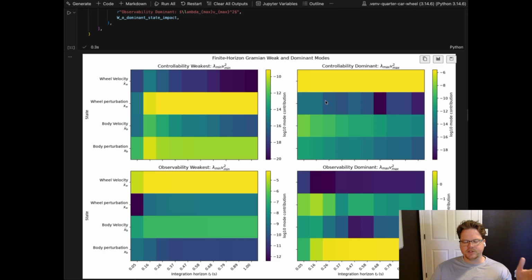The wheel perturbation is not as easy to control because we have to integrate out the velocity component, and that component is tied to the road disturbance, which we're not modeling quite yet, but that's also going to have an impact.